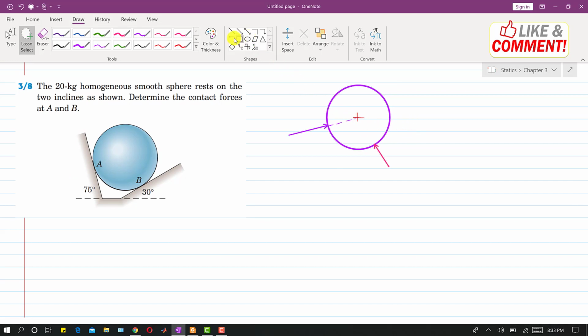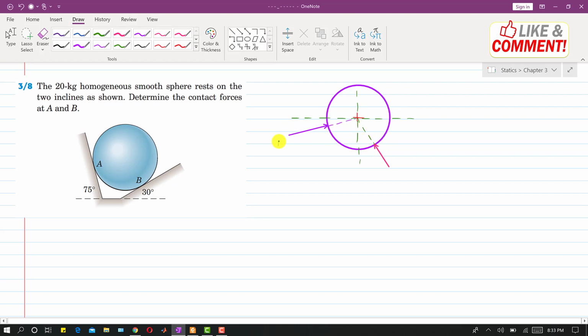And let me draw the x and y axes. If I draw it, this will be our axes, and I extend the line of action of this contact force as well.